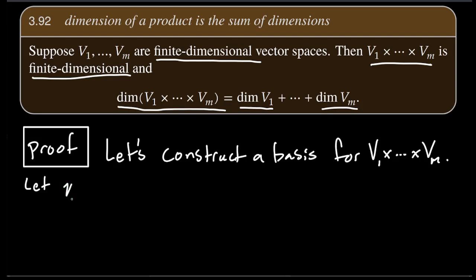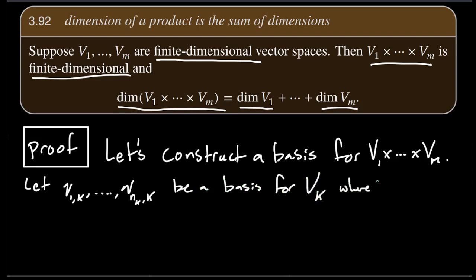So let v1,k through v nk,k be a basis for vk, where dim vk is then equal to nk, since that's the length of a basis. Okay.